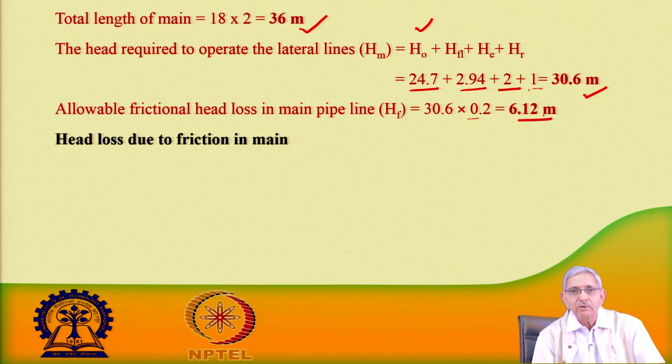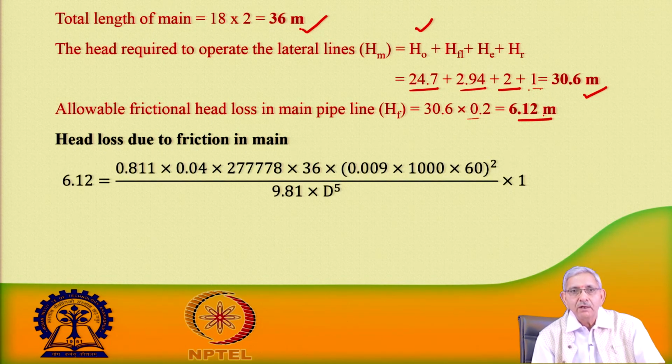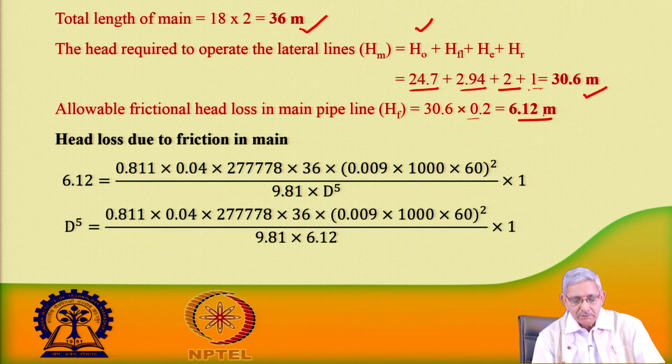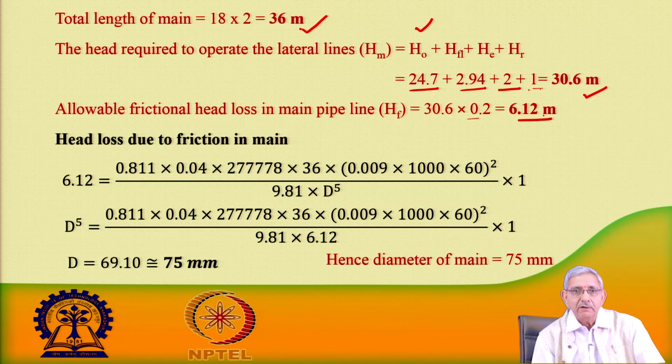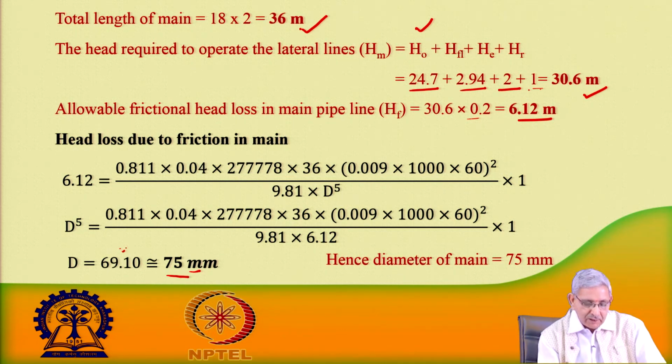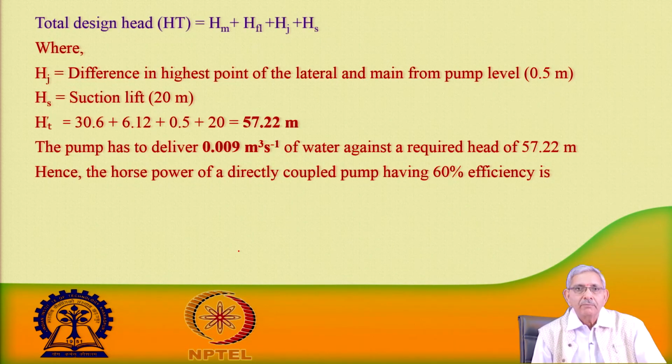With 6.12 meter as the head loss due to friction, we compute the diameter of the main pipeline, the same way we did for the lateral pipeline. We get the diameter of the main pipeline as 75 millimeter. 69.9 is the estimated value, but in the market a 75 millimeter pipeline is available. So we consider the diameter of the main pipeline to be 75 millimeter.